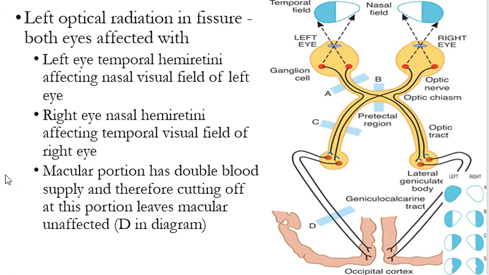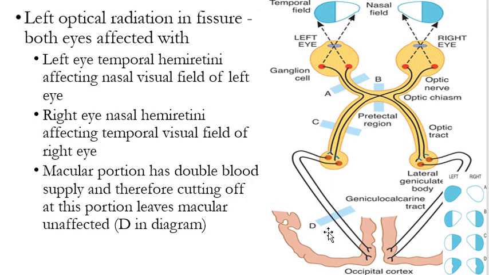But what would differ? So let's read this. The left optic radiation in the fissure has been affected. All right, so we'd have the left eye temporal hemiretina affecting the nasal visual field of the left eye, and the right eye nasal hemiretina affecting the temporal visual field of the right eye. I'm just repeating this. The only difference here is something called the macular portion. Now the macular portion has a double blood supply.